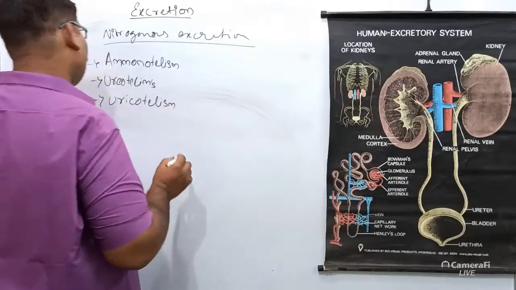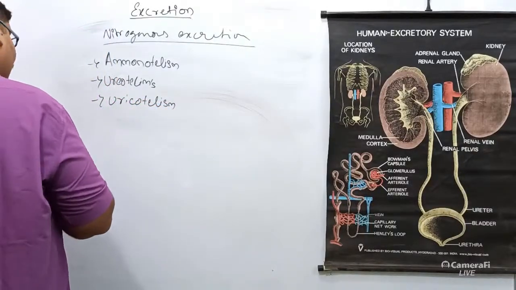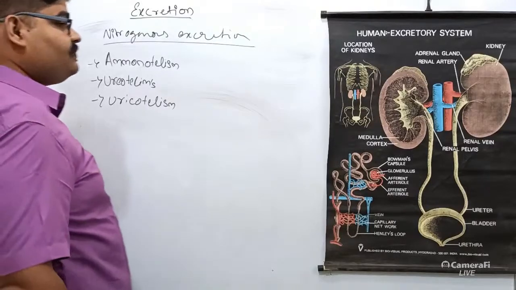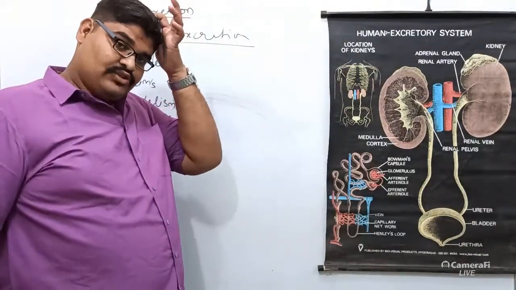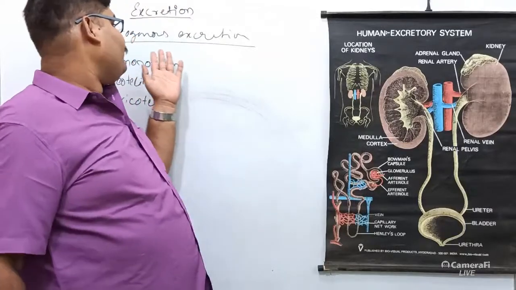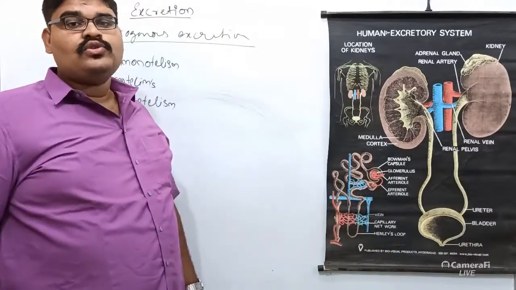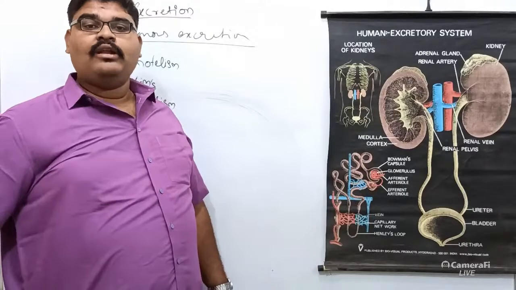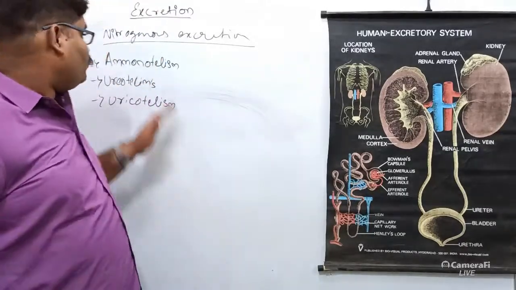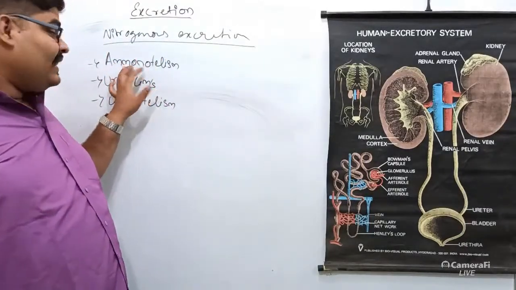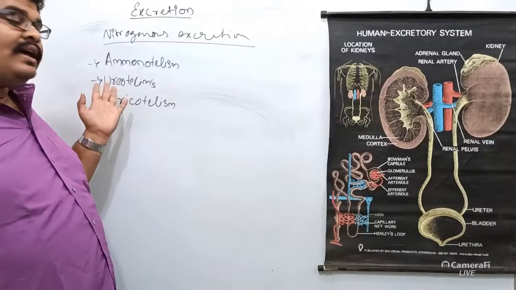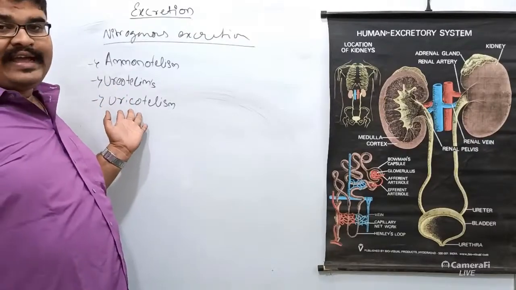So what are these? First let us know the three different forms of nitrogen. Nitrogen is available in different forms: nitrogen in the form of ammonia, nitrogen in the form of urea, and nitrogen in the form of uric acid.